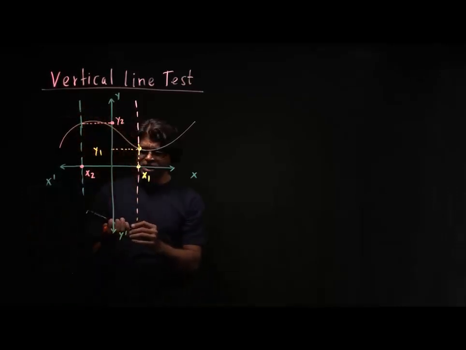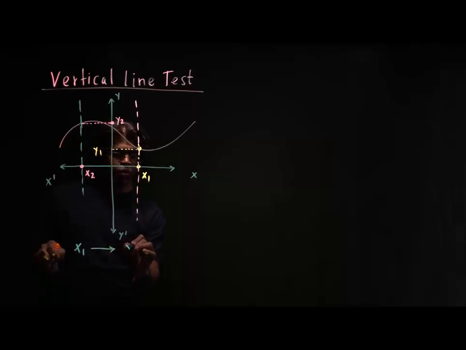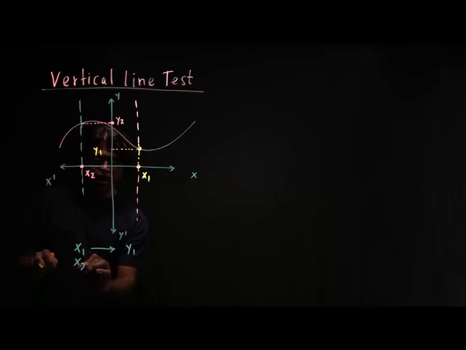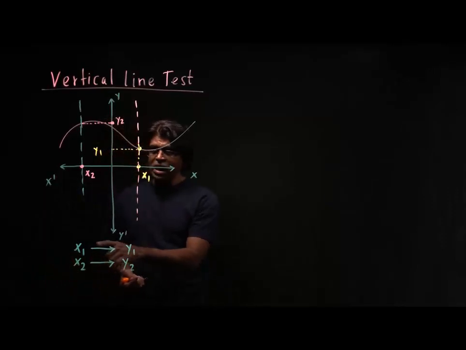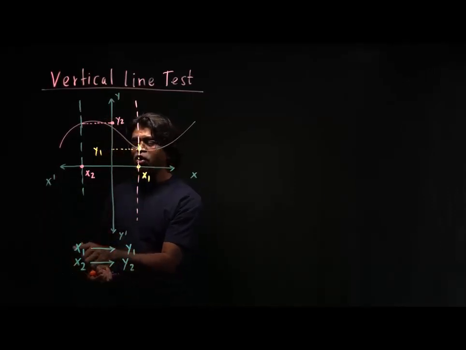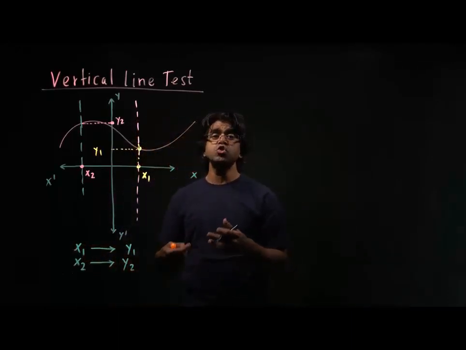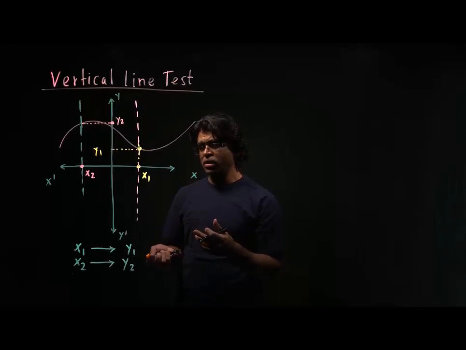So as you can see, when I substituted the value of x as x1, the output that I got was y1. And when I substituted the value of x as x2, my output was y2. So in each of these cases, for each value of x, I have only one value of y, which is a unique value of y.